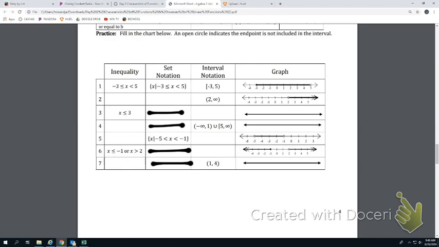These boxes, you don't have to write. But I do want you to write all the inequalities. I do want you to write all of the interval. Be careful on 3, 2, and 4. Any of them that involve infinity, be very careful whenever you're writing that.